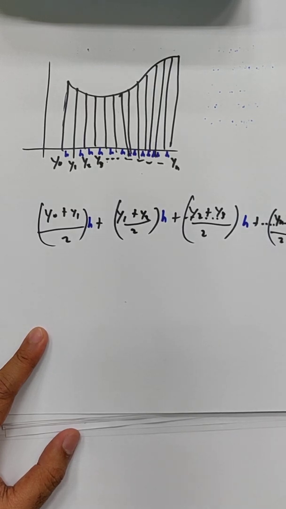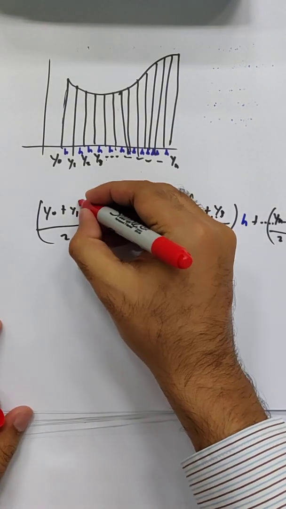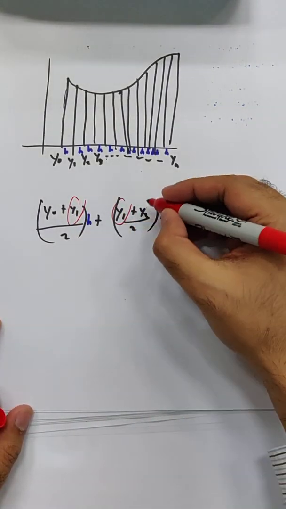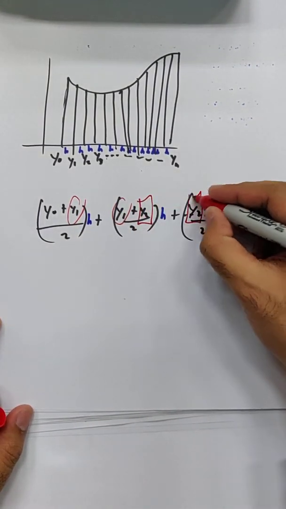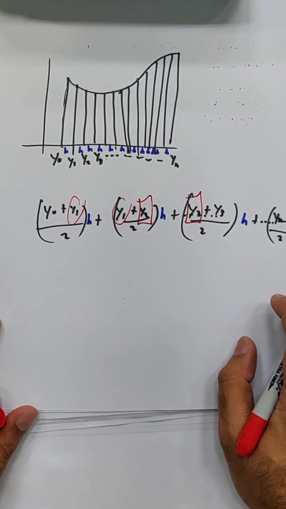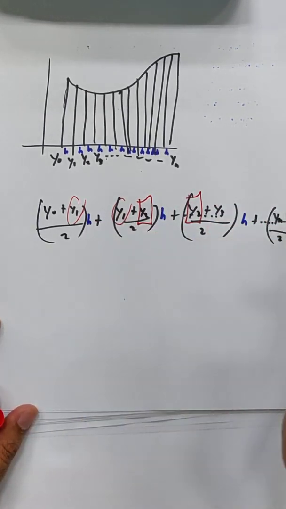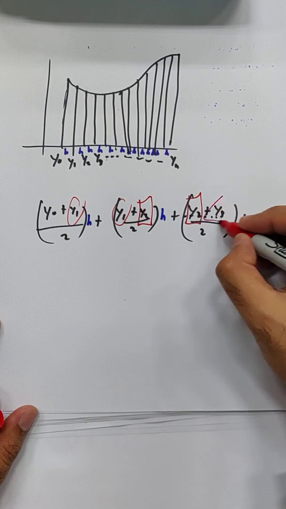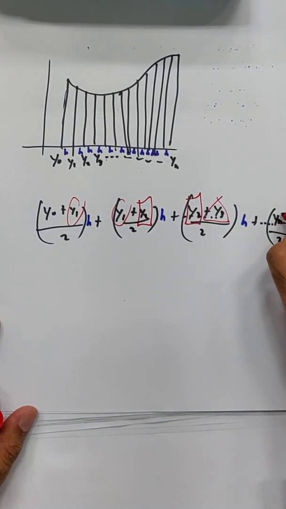If you look over here, you will see that y1 appears twice, y2 appears twice. That also means if I go further and further, y3 will appear twice, and so on until yn minus 1.